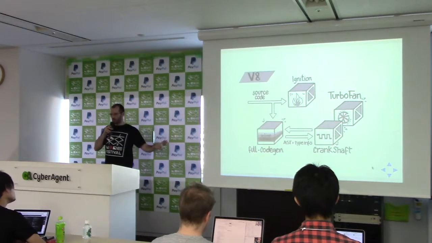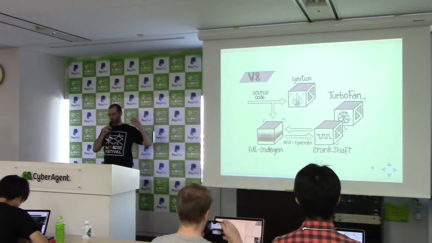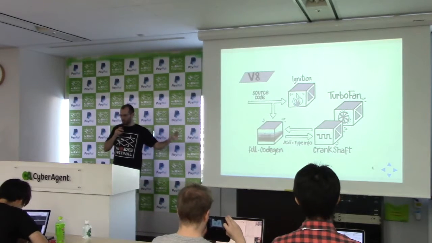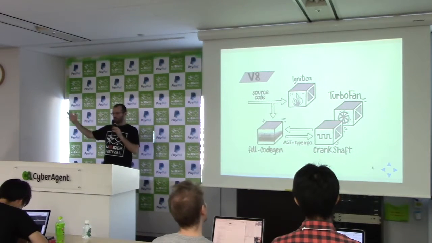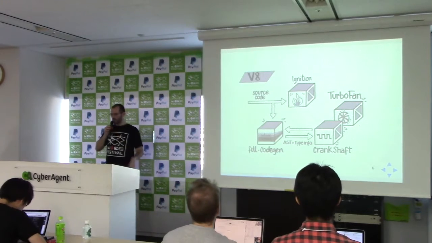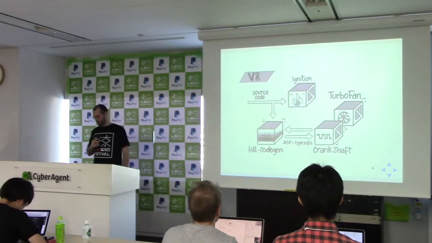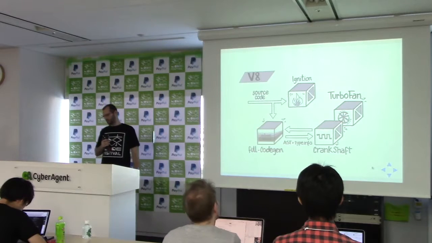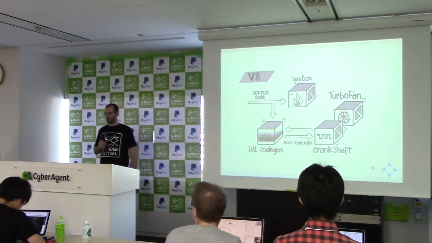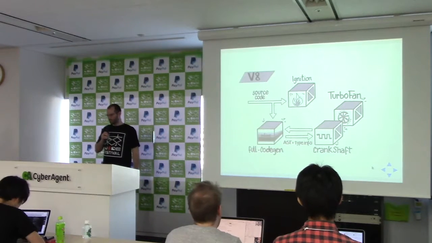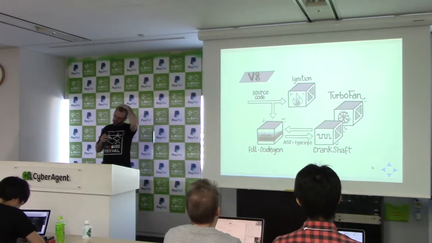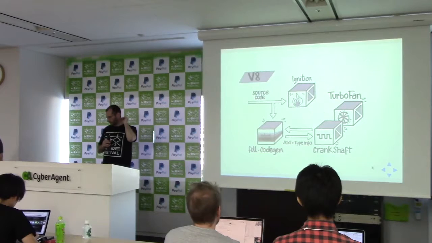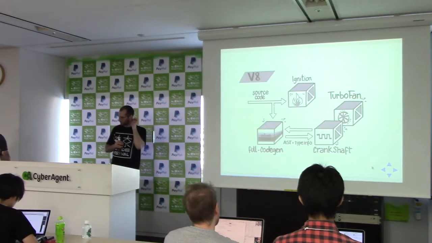On the bottom left is the non-optimizing compiler, full-codegen. And there are two optimizing compilers, TurboFan and Crankshaft. So the optimizing compilers are competing between them. TurboFan is the newest and the one that will target new JavaScript features like ES 2015, 2016 and so on.